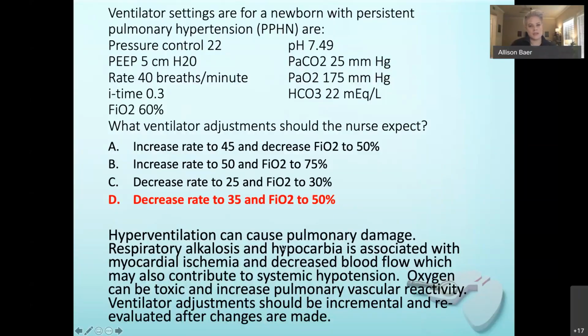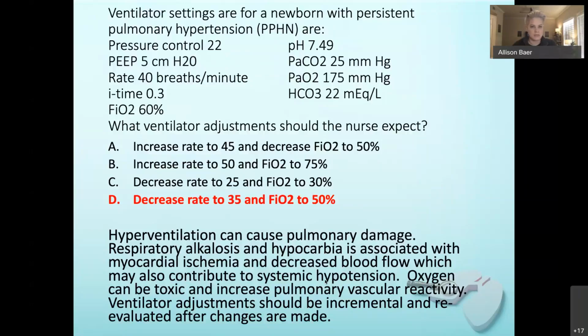But hyperventilation can cause pulmonary damage. Respiratory alkalosis and hypocarbia is associated with myocardial ischemia. So you don't want to be too alkalotic for too long, because that can cause damage to your heart and decrease blood flow. So oxygen can be toxic and increase your pulmonary vascular activity, and ventilator adjustments should be incremental.